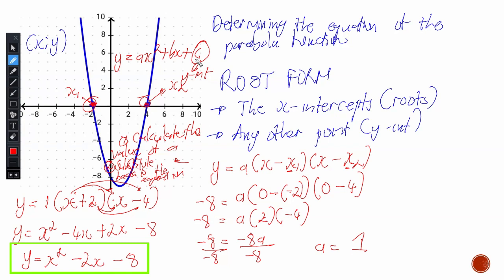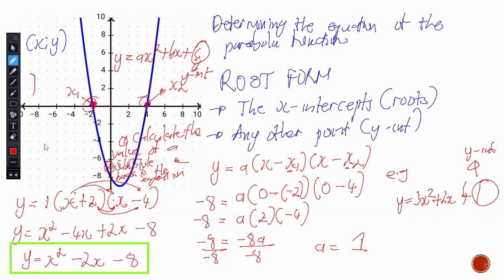So the value that you are going to see for the letter c here always represents your y-intercept, right? So let's suppose that you are given, for example, y is equals to 3x squared plus 2x plus 1. And then they ask you, what is the value of the y-intercept? The value of the y-intercept is right there. So the constant value there always represents the y-intercept.